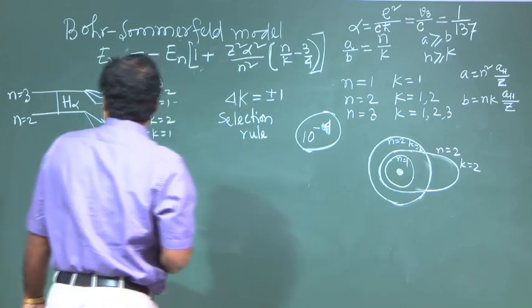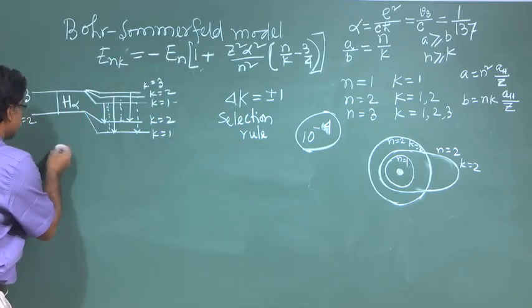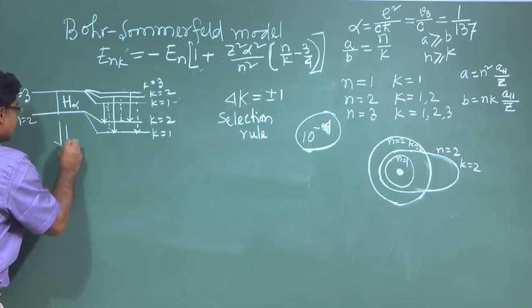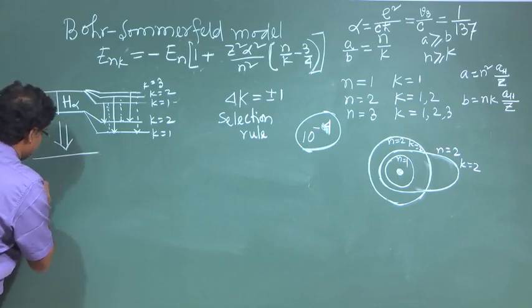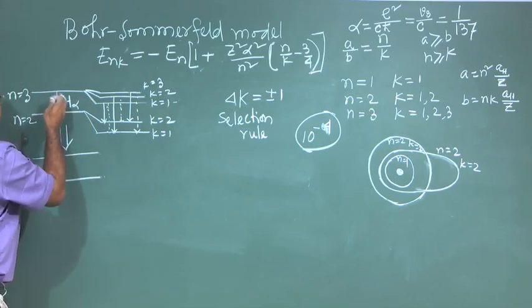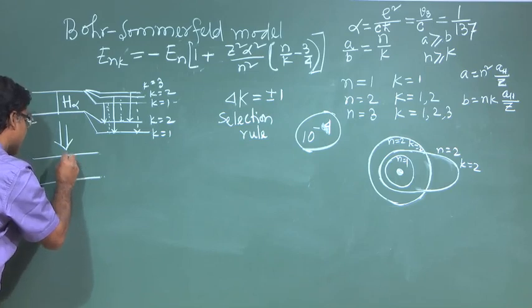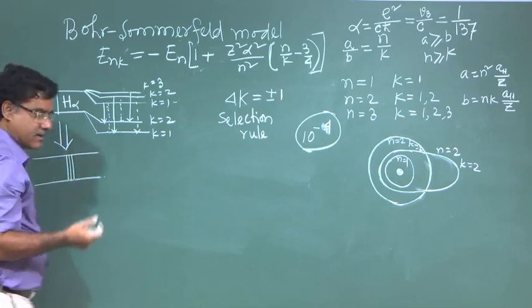So what we are getting is that, according to the Bohr model, the one line is now composed of 3 lines. The differences are very small.